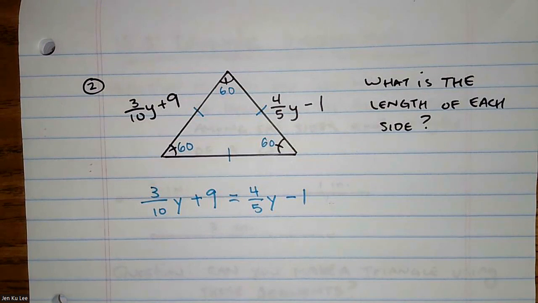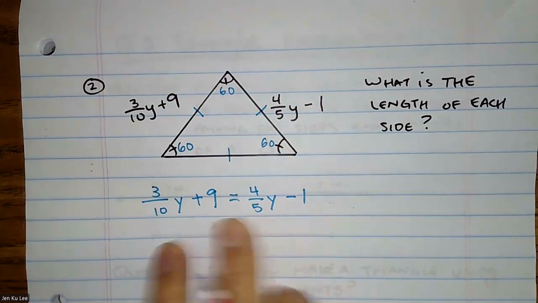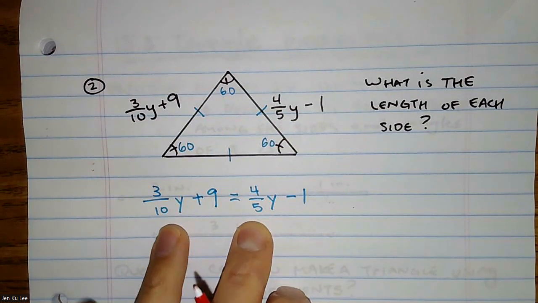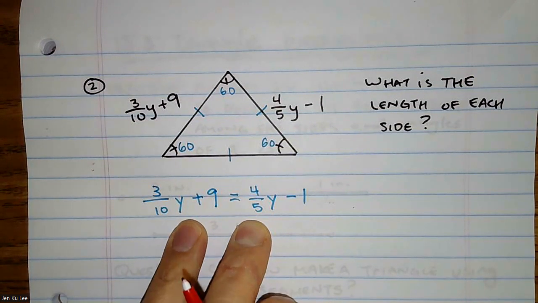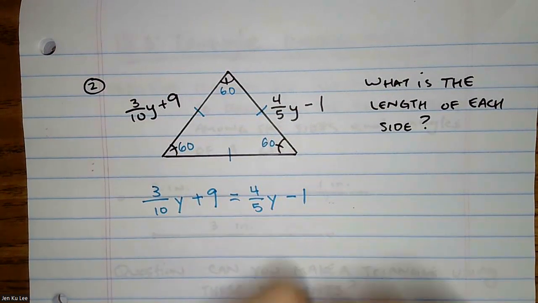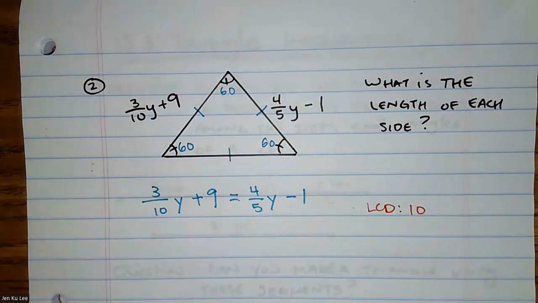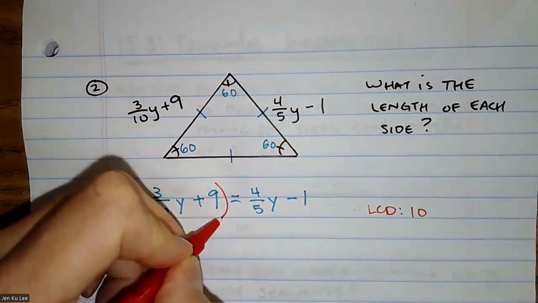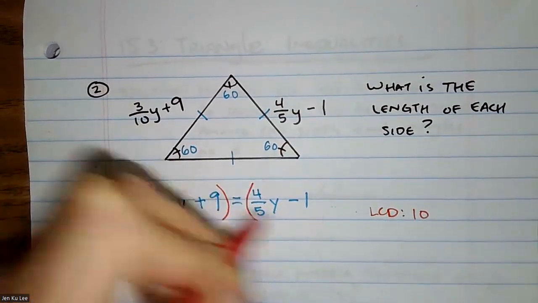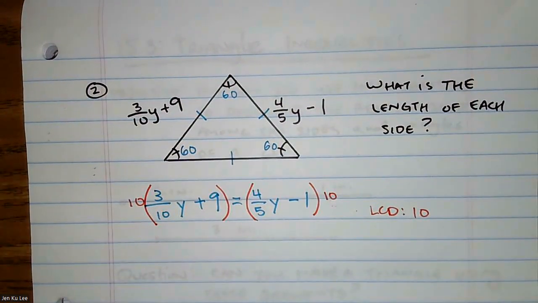If I see a fraction, I'm going to get rid of it by multiplying by the lowest common denominator. Between a 10 and a 5, the LCD is 10, because 10 goes into 10 and 5 goes into 10. So I'm going to be multiplying everything by 10.